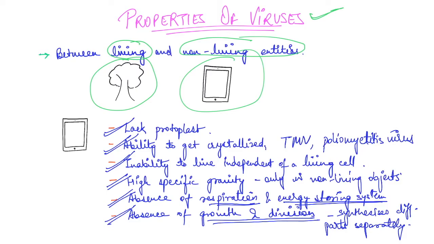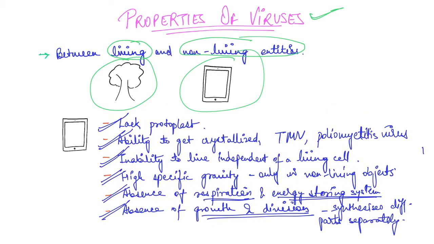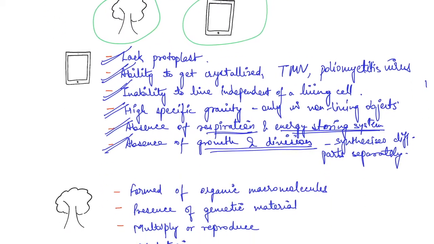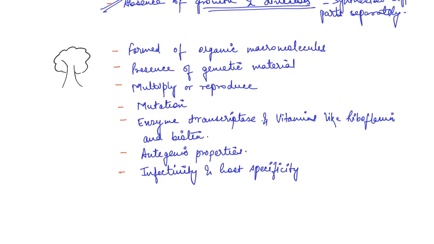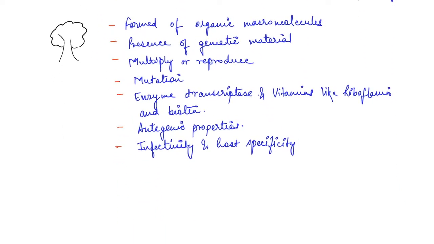Now let's move towards some of the properties that are similar to a living organism. Okay, so here we can see some of the properties of being similar to living organism. So they can form organic macromolecules.